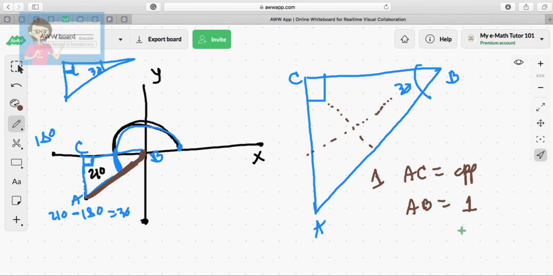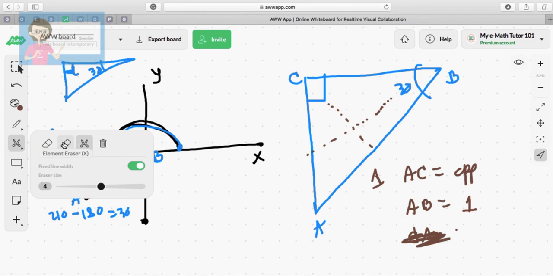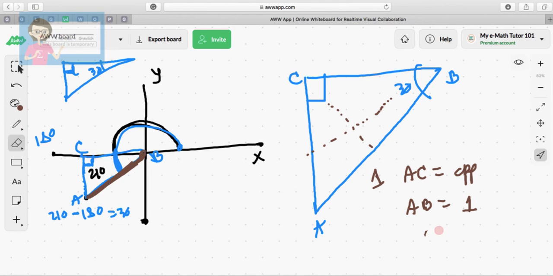So you have 1 here. Then AC is the opposite, and CB is the adjacent, because if it's not one, by default it has to be the other one. So let's put here, CB is the adjacent. I'm almost done. Okay, let's go ahead and do it.